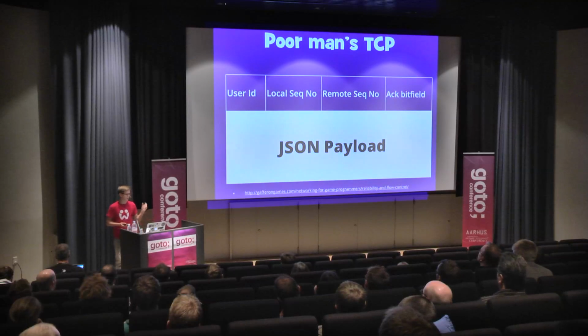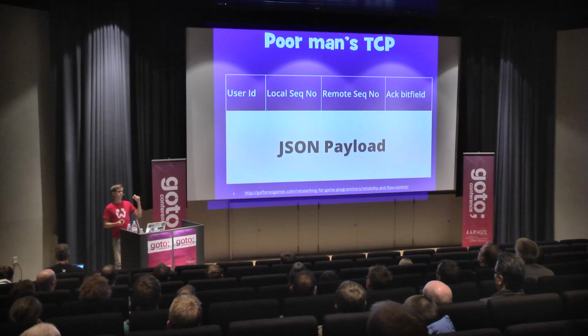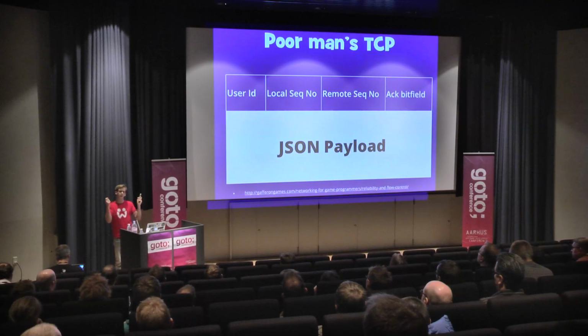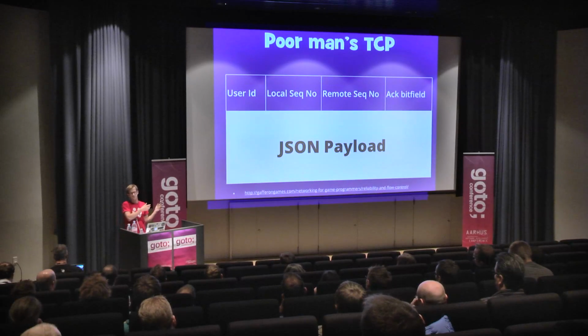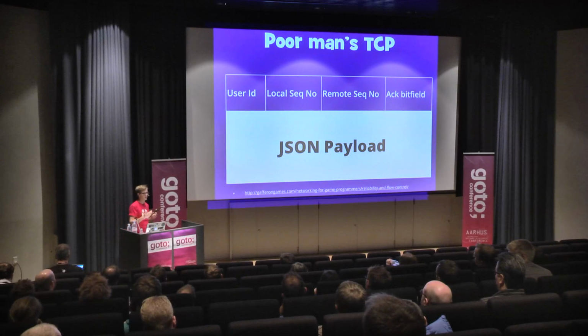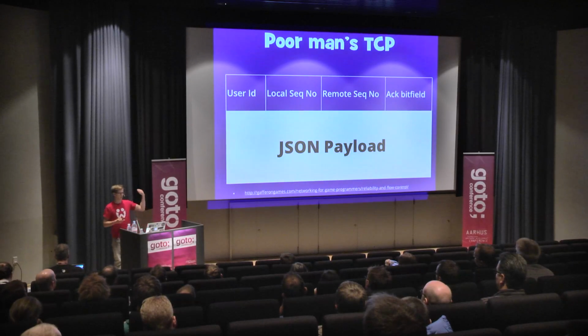And we would add the user ID, so this would allow us to survive network changes. Because normally what you do is you use the combination of IP address and remote port to identify a client. However, if your player is switching networks and changes its IP address, you no longer know who they are if they're in the midst of gaming. So by adding a user ID, sort of as a session ID, you know who the user is.